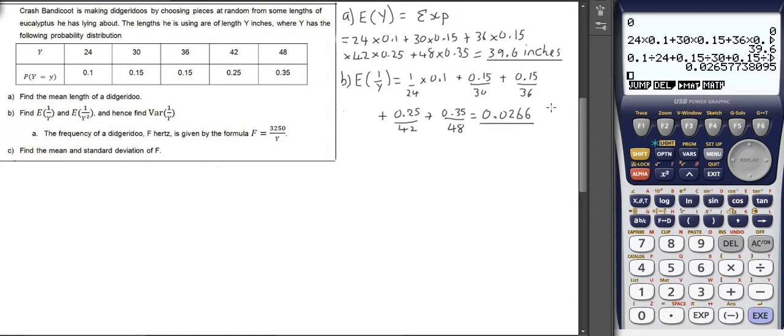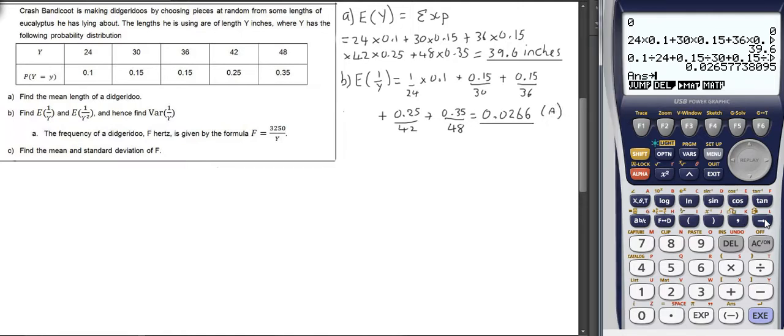But I'm just going to make a little note that I'm storing that in A, because that number is going to come in handy, I think.